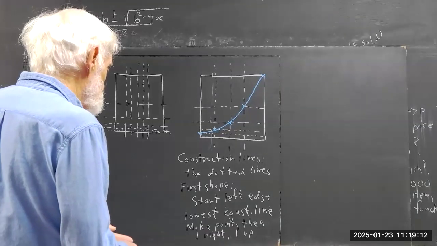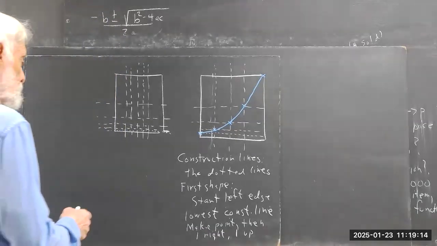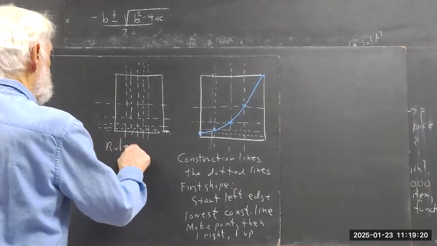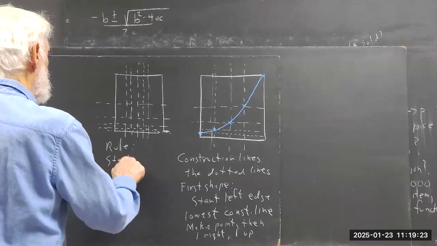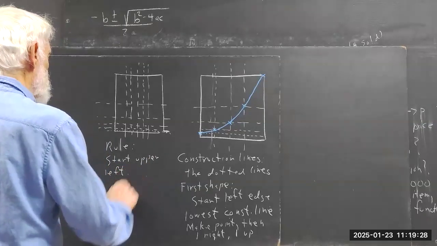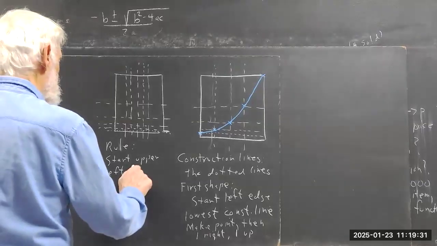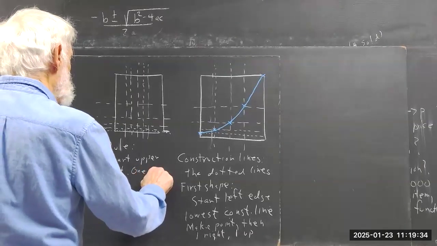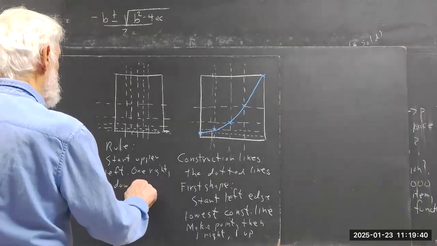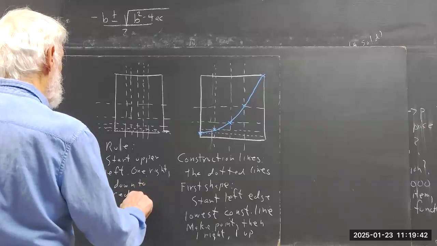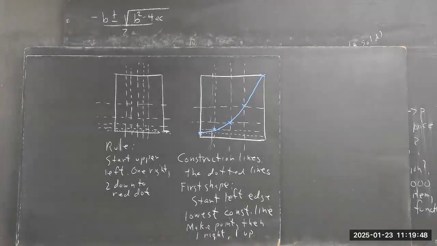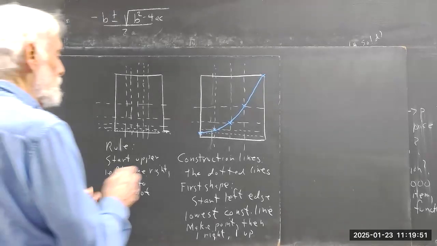Now, on this one, start upper left. Go one right and two down until you hit the red dot. Now, there's no red dot, but there's automatically a red dot.